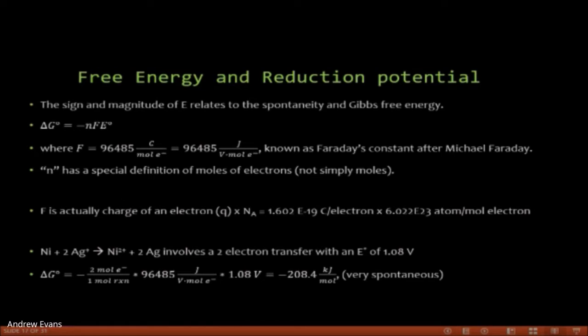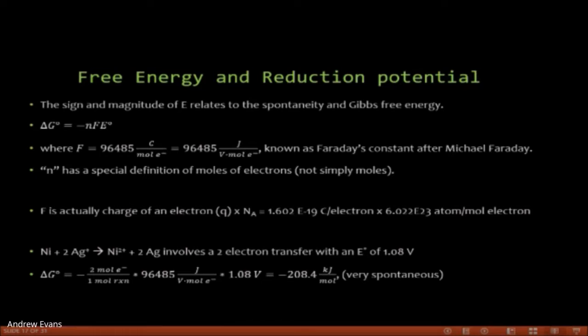Faraday's constant is 96485, in units of coulombs per mole of electrons. However, a coulomb volt is equal to a joule. So we can exchange that coulomb into a joule per volt.